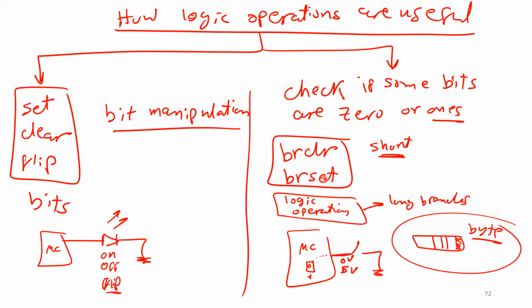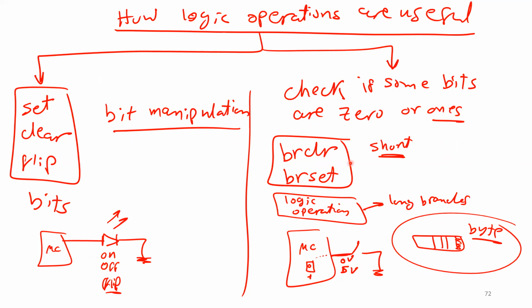I told you that I have to give a byte to this instruction, and this instruction should branch if some bits of interest are clear. So I have to put a mask, if you remember the word mask, in order to tell which bits I have to check. So this one is going to branch if the bits of interest are clear. For sure you can decide and determine these bits.